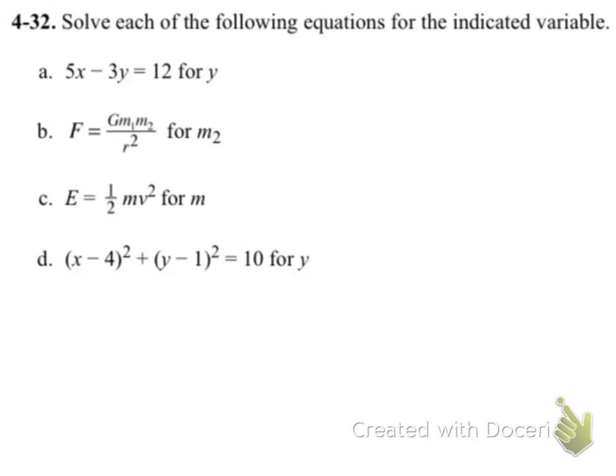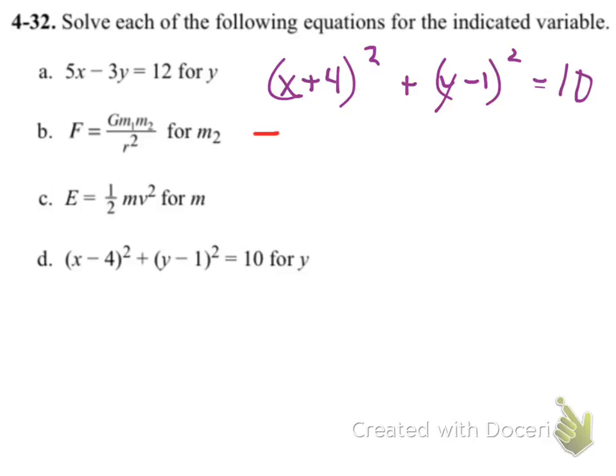I am solving this for y. So the first thing I need to do is get rid of what's adding it, which is this entire thing. So I'm going to have x plus 4 squared plus y minus 1 squared equals 10.